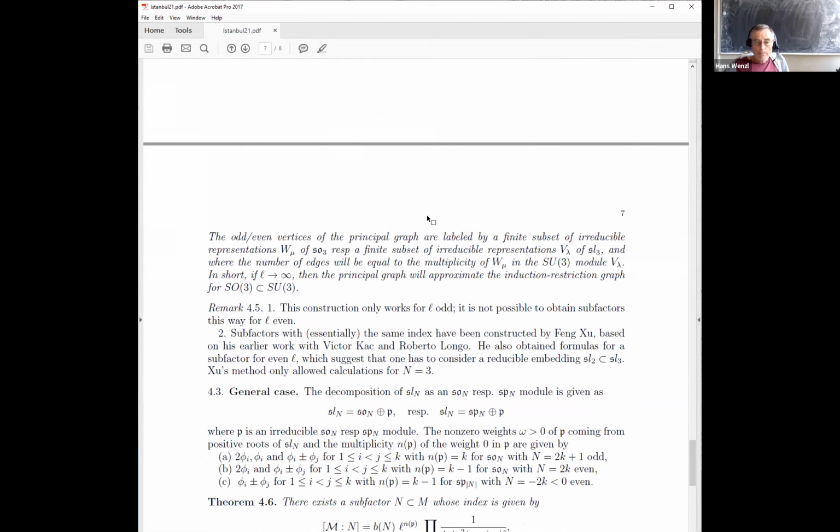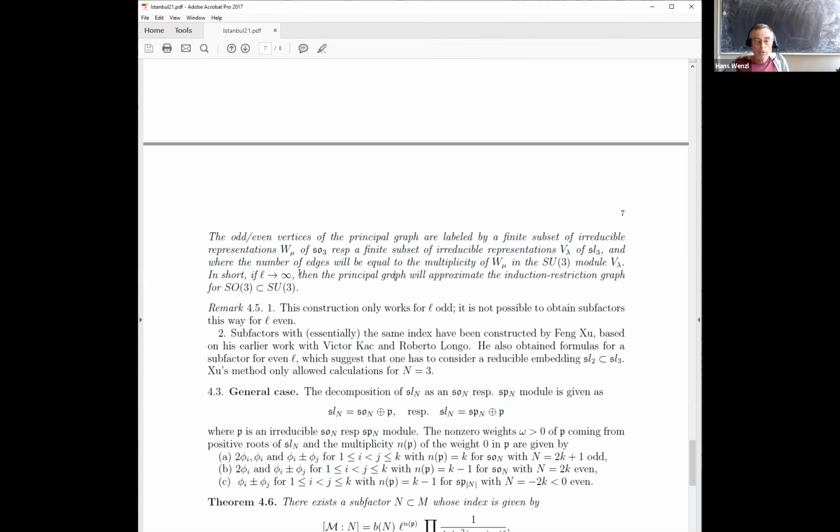And one can also describe the principal graph of this. I gave you some lengthy description of this, but in principle the idea is not that complicated. Basically, one has a finite subset of irreducible representations of SL3, which will label the even vertices, and we have a finite subset of irreducible representations of SO3, and the edges will just be given by some restriction rule.